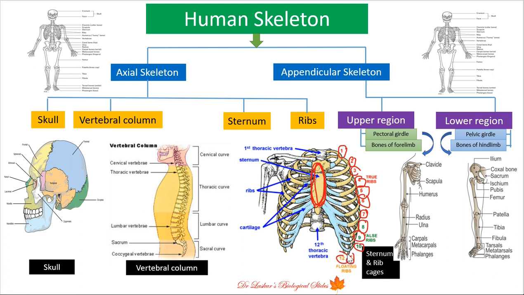Each rib is a thin flat bone connected dorsally, that means on the back side, to the vertebral column and ventrally to the sternum. So the sternum is the flat bone and the ribs are mainly attached frontally with the sternum.